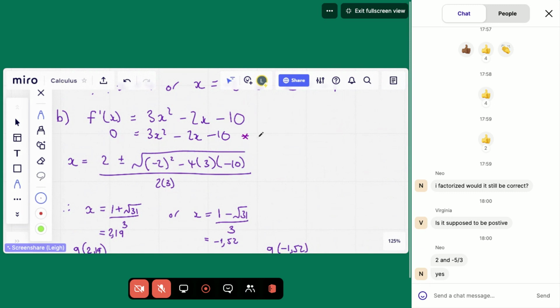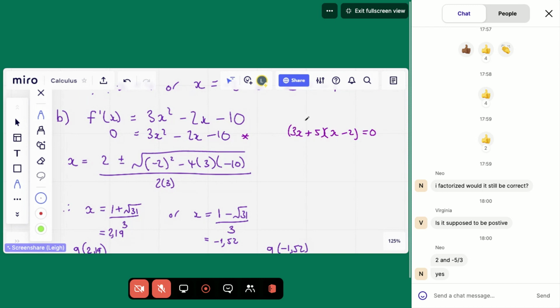Okay, so you got, hang on a second. So in your brackets, you said 3x plus 5, and then you would have said x minus 2. Is that correct, Neo?